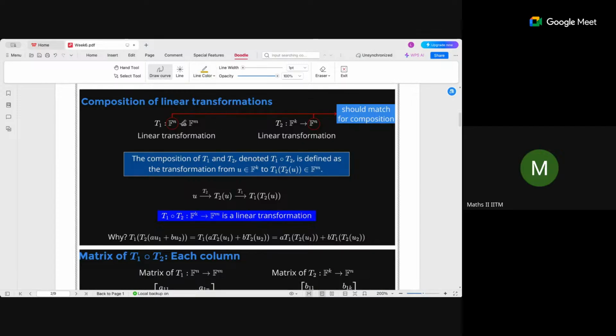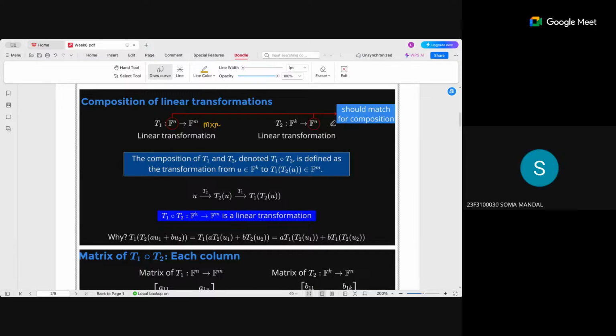because can you tell what is the size of the matrix for T1? What is the size of the matrix for T1? M cross N. Yes. And for T2?